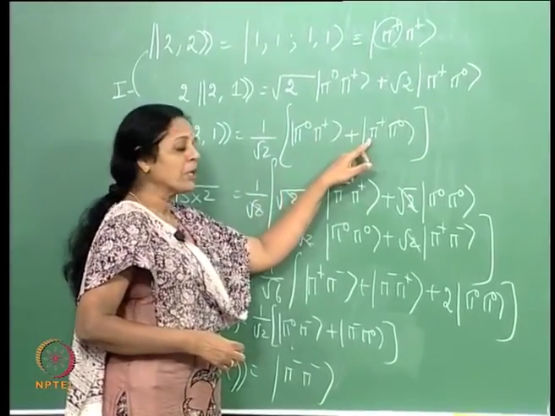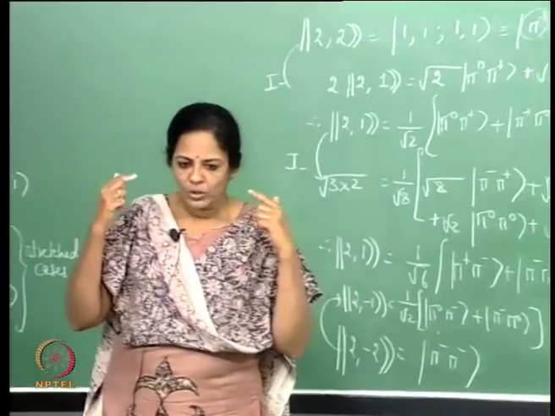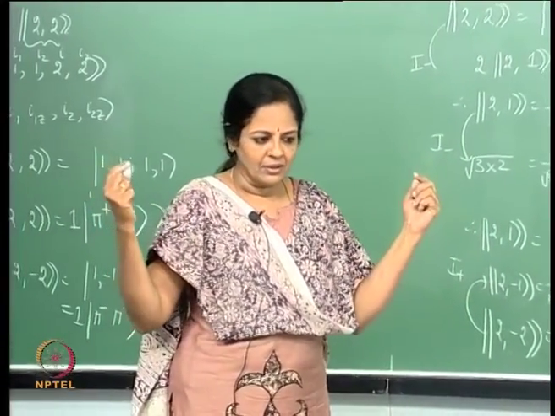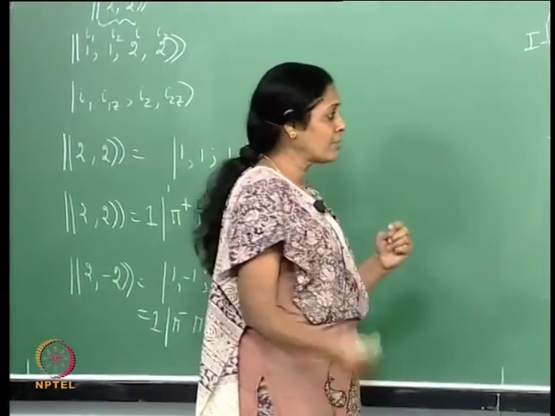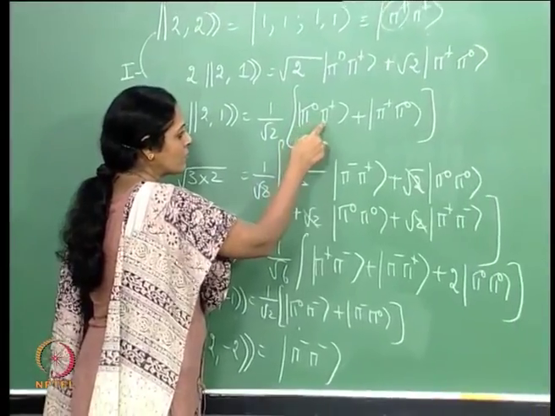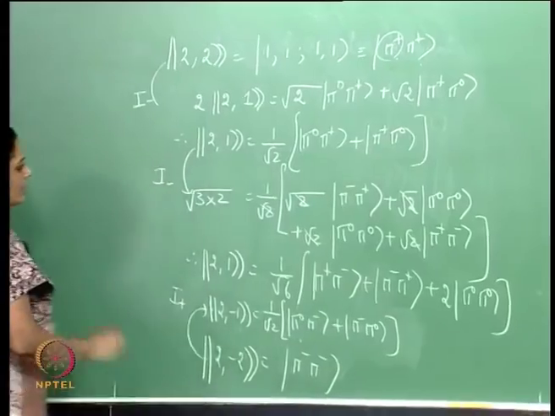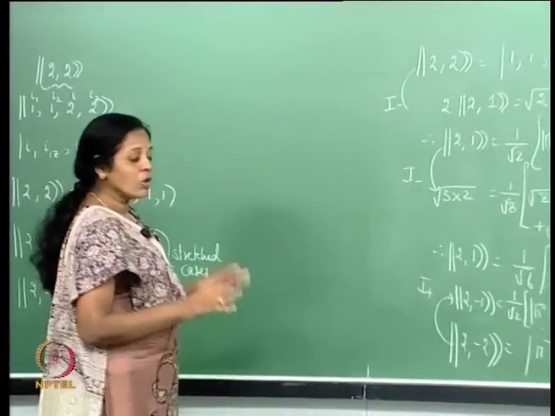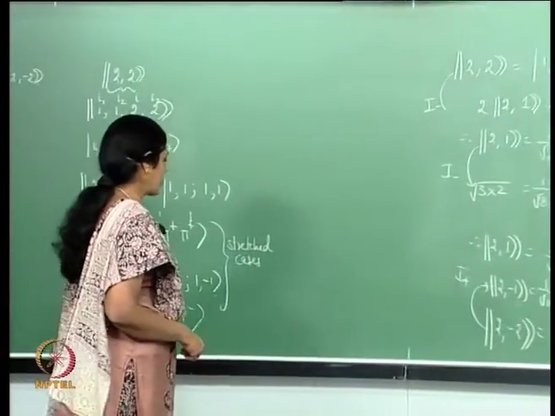By this we mean pi plus from the first beam and pi naught from the second beam. And if in your mind you imagine that these particles came with badges, white badges for this beam and black badges for that beam, then you know the difference. This comes from the first beam and this from the second. This comes from the first beam and that from the second. So, there is a definite difference, although the particle content is the same. There is one neutral pion and one positively charged pion.